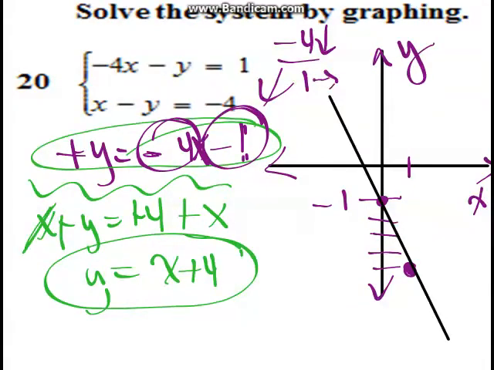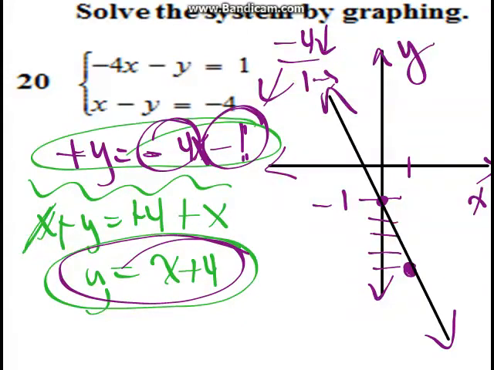Okay, with arrows on each end. And then for our next equation, we're going to graph y equals x plus 4. Well, we still have a slope of 1, and to turn it into a fraction, 1 over 1.